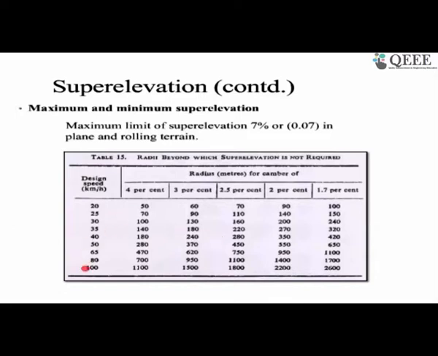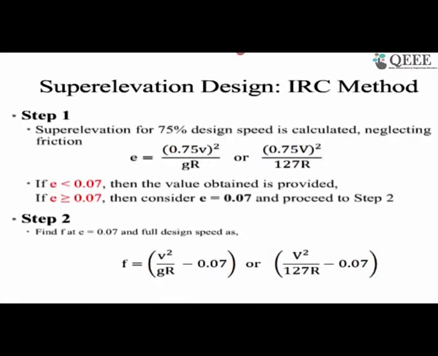For example, if your design speed is 100 and the required camber is 2.5%, then if your radius is beyond 1800 meters, you don't need to provide any super elevation. If it is less than that, you have to estimate the super elevation and provide that.